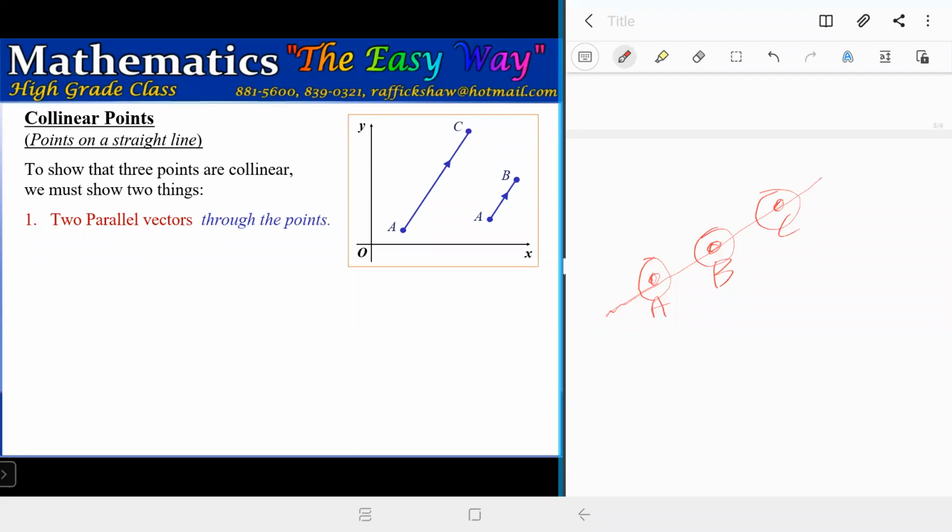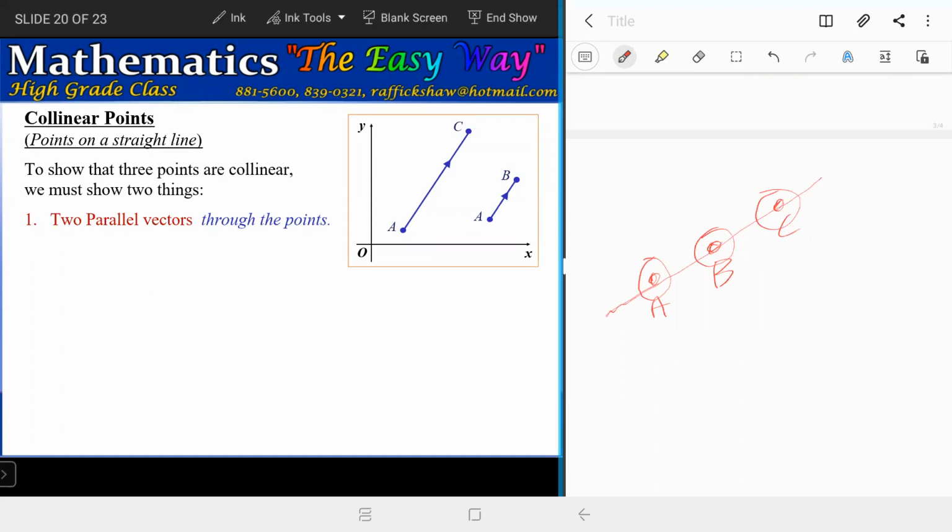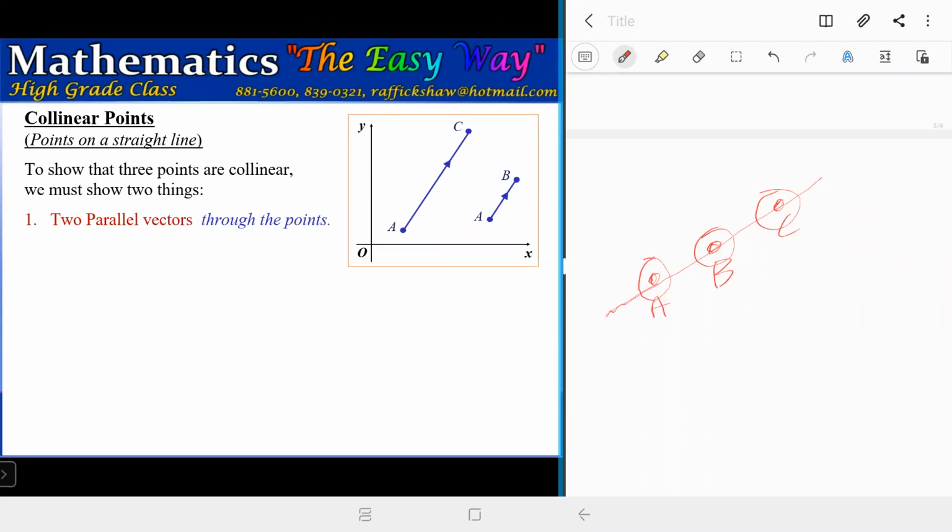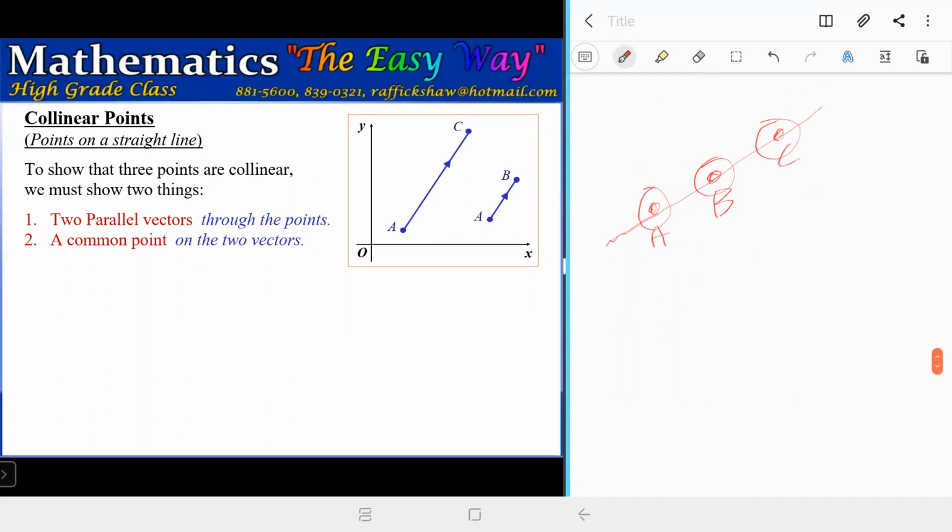And when you have 2 vectors passing through the 3 points, what you will also have is a common point. So you have to show that you have 2 parallel vectors with a common point, a point that is common to the 2 vectors. So for example, if I take the points A, B, and C, then I might have a vector AB that is equal to 3 times the vector BC.